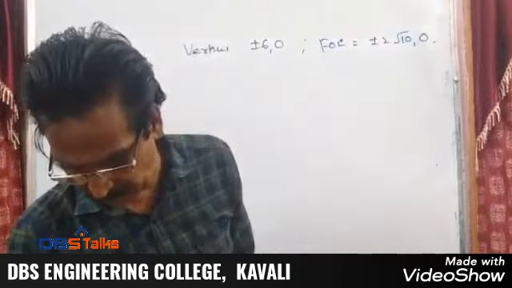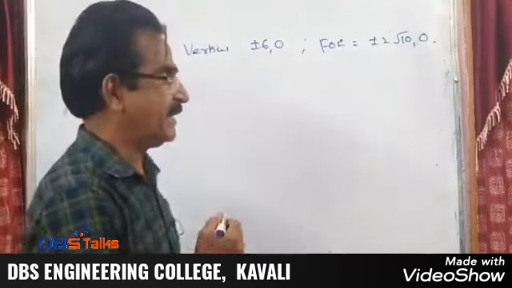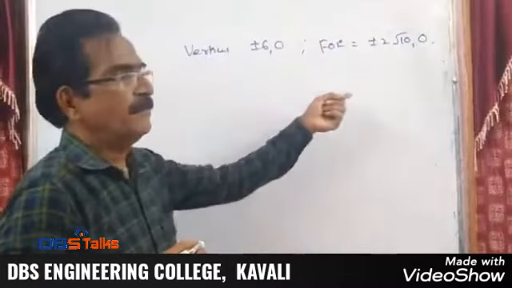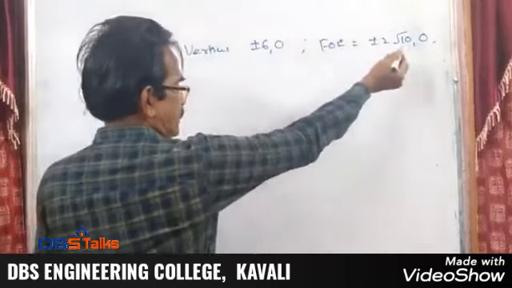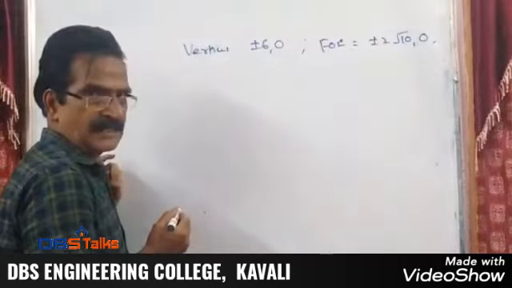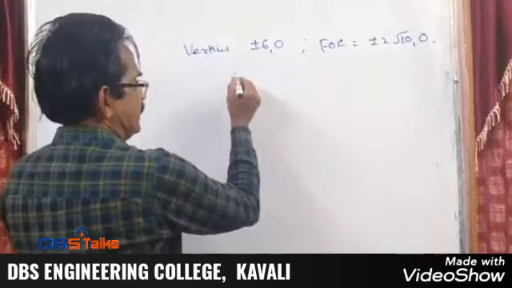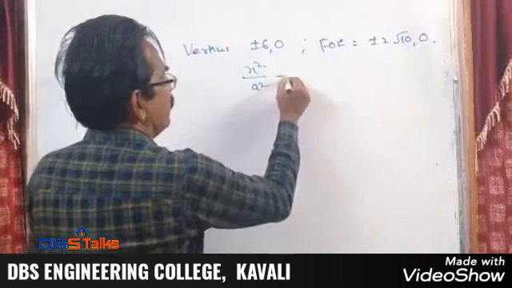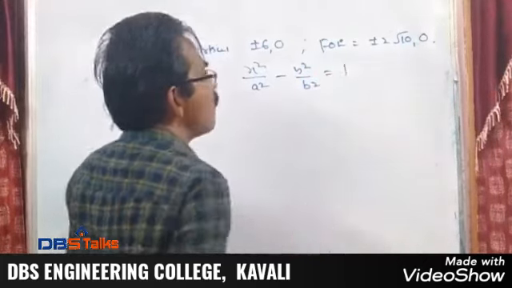Now what we need to find is the standard equation of the hyperbola. Friends, we know the standard form of the hyperbola where the origin is the center and the transverse axis is the x-axis: x square by a square minus y square by b square is equal to 1.